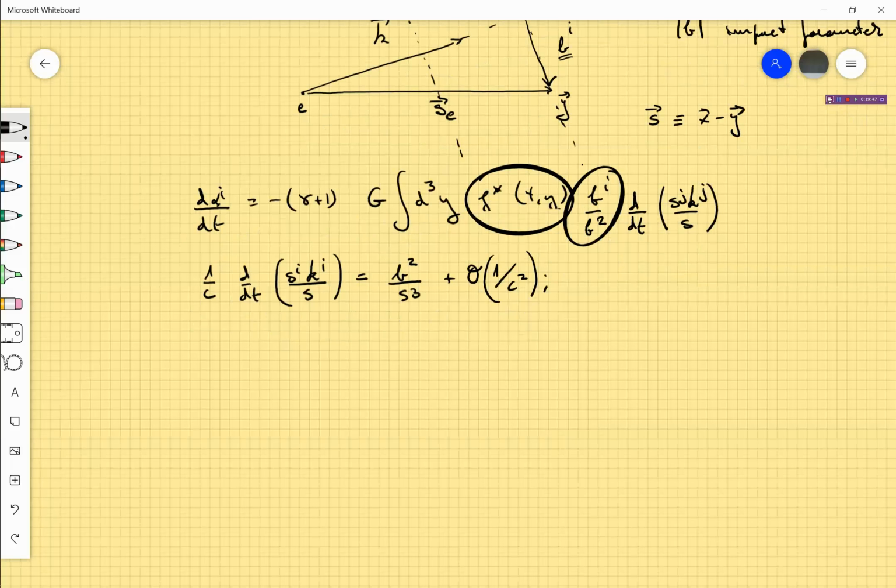So at the order at which we are working, we can write that d alpha I dt is the derivative of everything that you have in the integral.